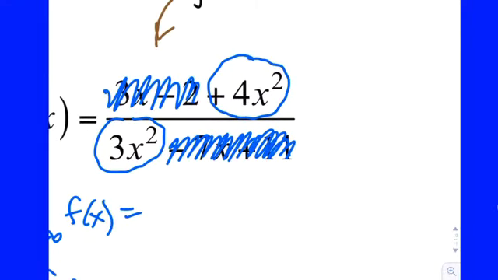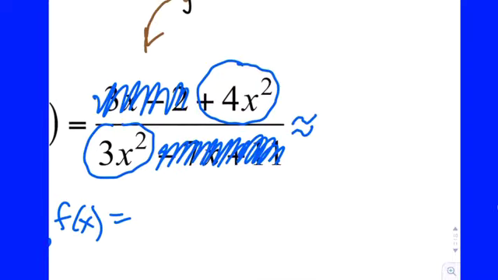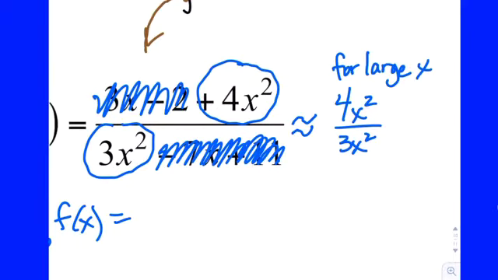Now we could say, and here's something you could do. You could put a squiggle there, which means what? Not equivalent, approximately. That's your approximate symbol. That function then is approximately growing like 4x squared over 3x squared, and that's for large values of x. So you could say for large x.